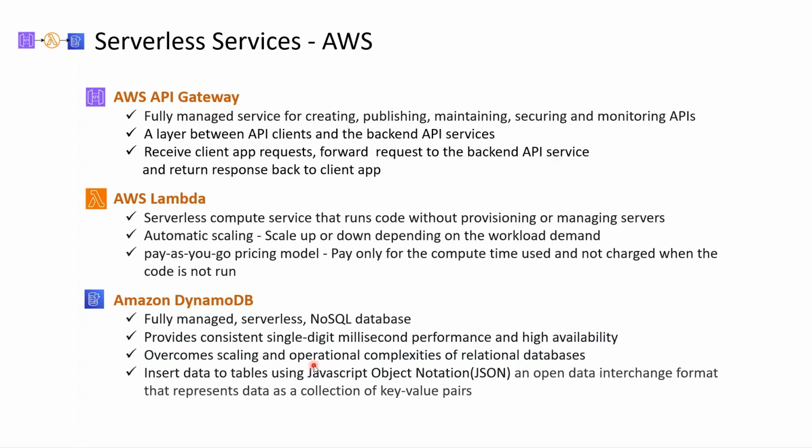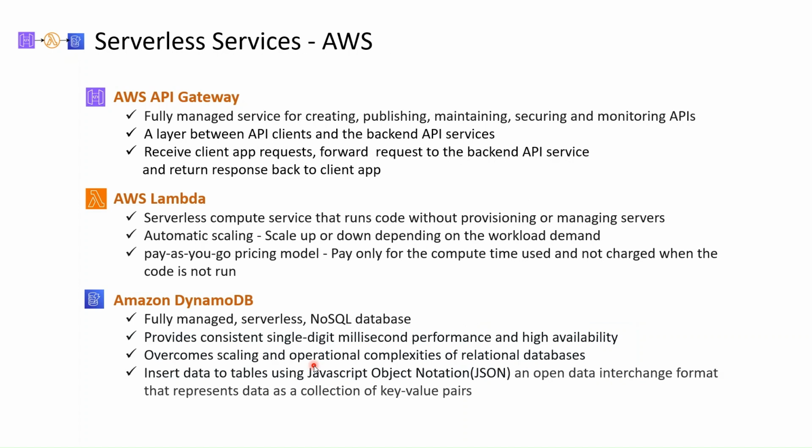Serverless services in AWS. Next, let me explain briefly about the serverless services in AWS for building a serverless application. First, the API Gateway. API Gateway is a fully managed service for creating, publishing, maintaining, monitoring, and securing REST, HTTP, and WebSocket APIs at any scale.